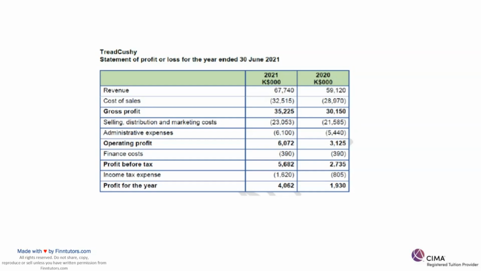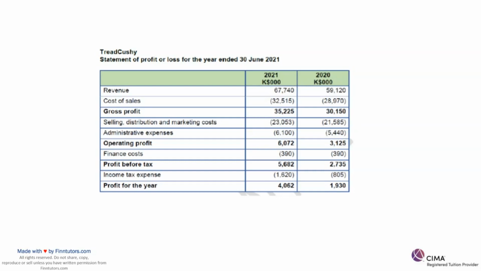A clear increase in revenue can be seen. A clear increase in cost of sales can also be seen. And gross profit has naturally gone up. Our selling and distribution expenses have gone up. Admin expenses have gone up. Operating profit almost doubled. Look at the operating profit, almost doubled.